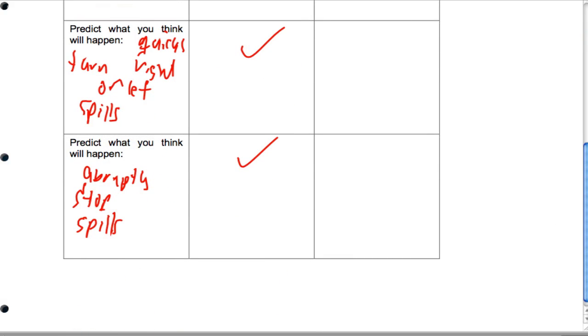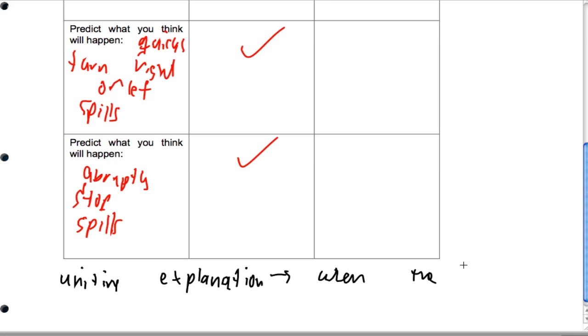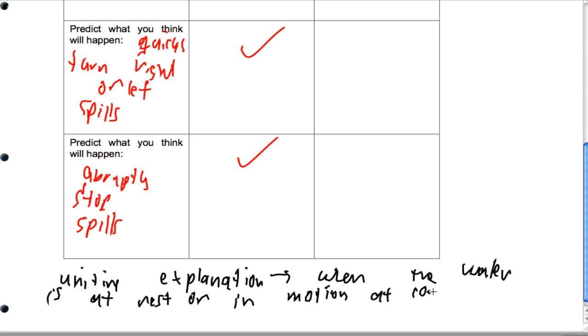So if I had to unite these under one explanation, and we talked about this a little bit in class, the uniting explanation, and this is something we're going to practice more in class, is when the water is at rest or in motion at constant speed in a straight line, nothing happens.